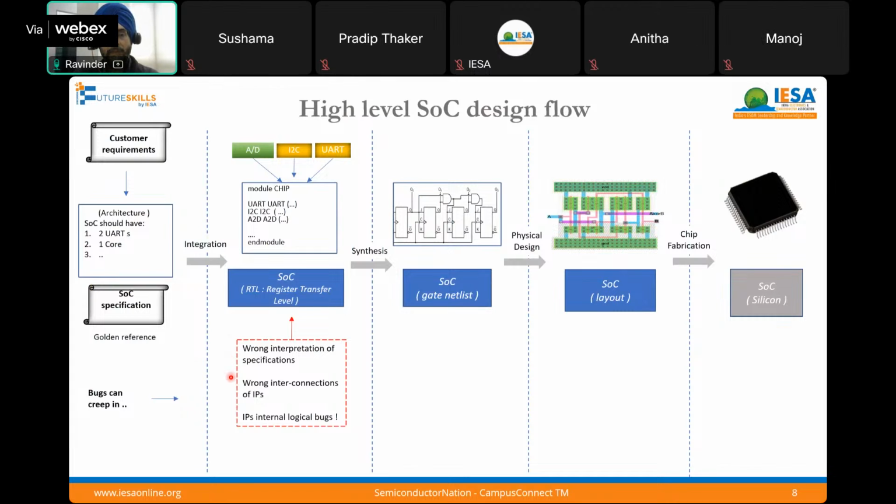While hooking up all the IPs in a complex SoC, it's more difficult because you have 80, 90, hundreds of IPs to integrate. So there could be a problem of interconnection when you are hooking the IPs together. Then IPs themselves could have logical bugs inside their own RTL.